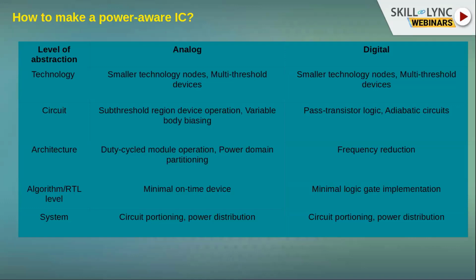And even if it is not switching, there can be conduction happening in the transistors, and that conduction can lead to loss. And the dynamic loss that we are talking about comes into the picture when we are talking mainly about the digital ICs, where the switching of the gates happens, and whenever there is a switching, there is a short circuit current happening between the high side and the low side transistors, which leads to power consumption.